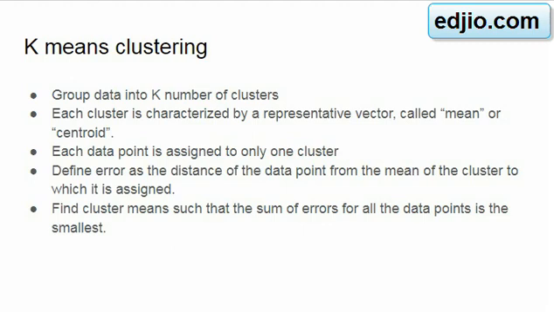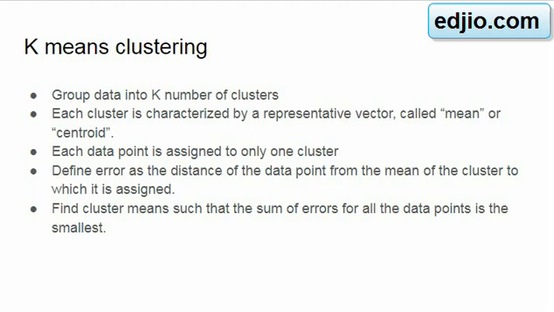Now let's go for K-means clustering. First thing, group data into K number of clusters. These K clusters are heuristically chosen. It depends on your application. You can go for any number, but generally when you are working on an application, you have a fair idea how many clusters you want.